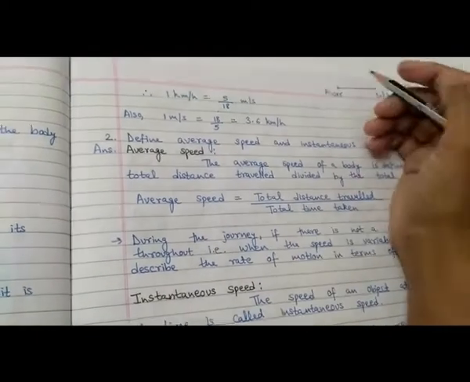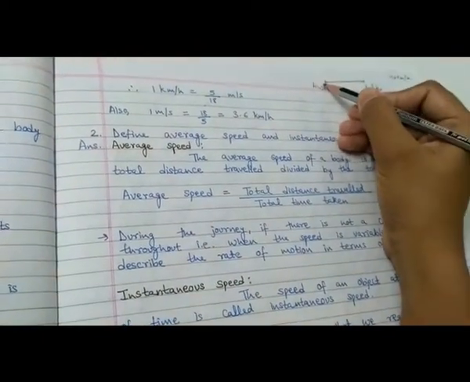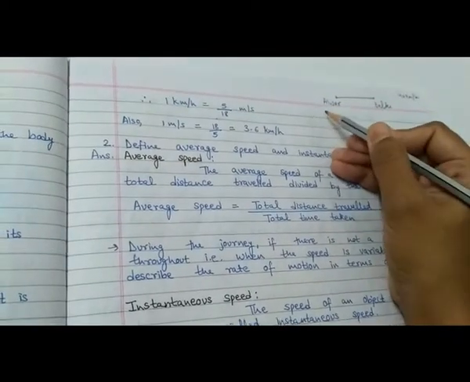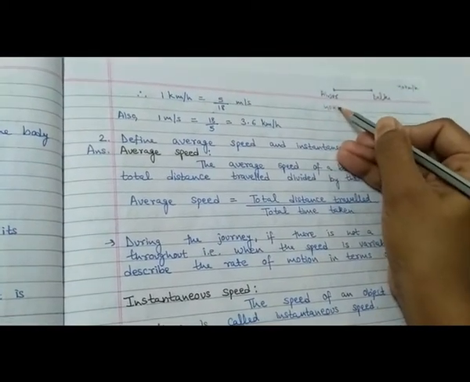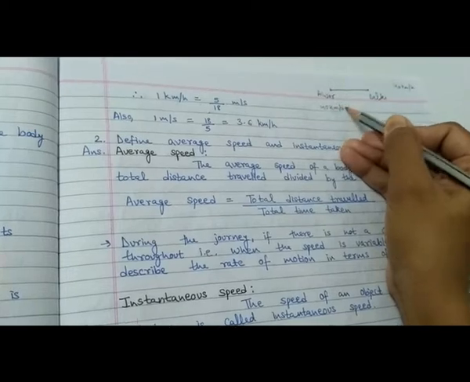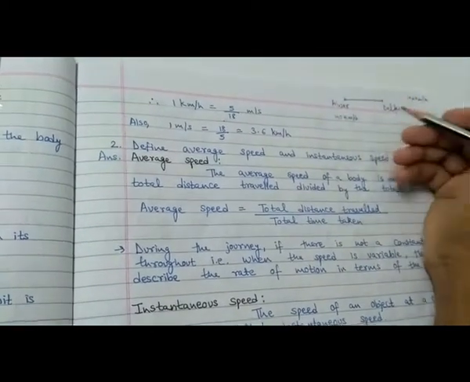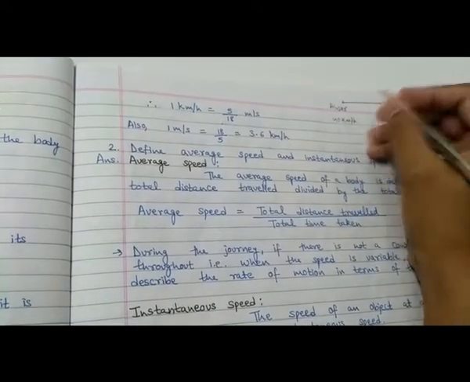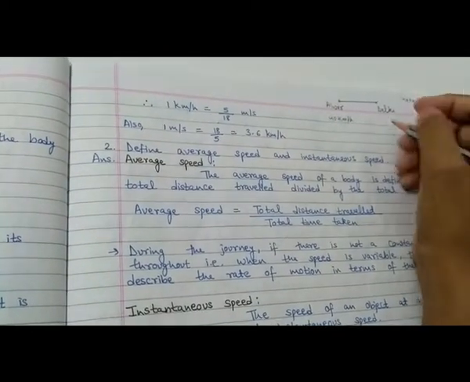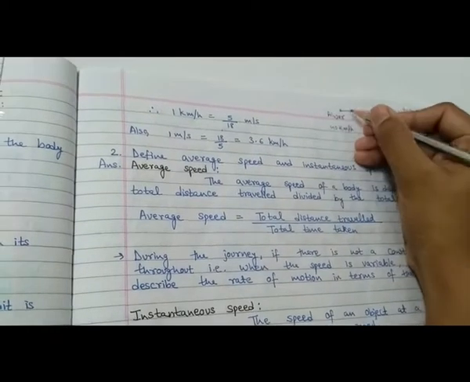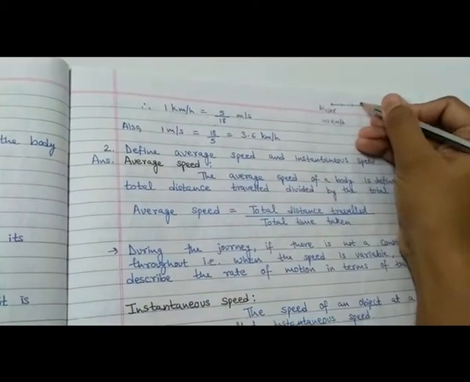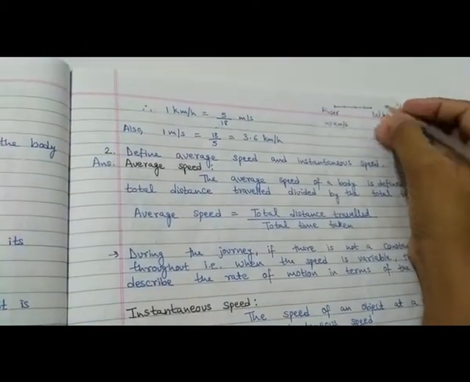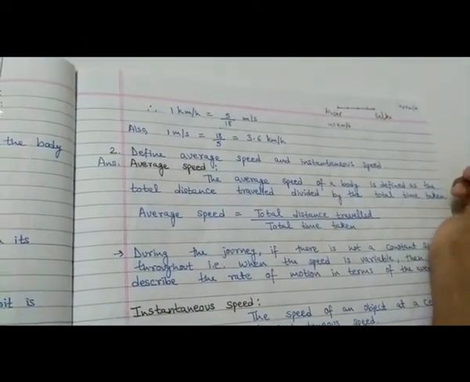Okay. For example, you have started from Alwar to Delhi with a speed of 40 kilometer per hour. Now, on the way you need to reduce your speed or you need to raise your speed, right? And you have changed your speed here also, here also, here also, and many more times before reaching Delhi, right?